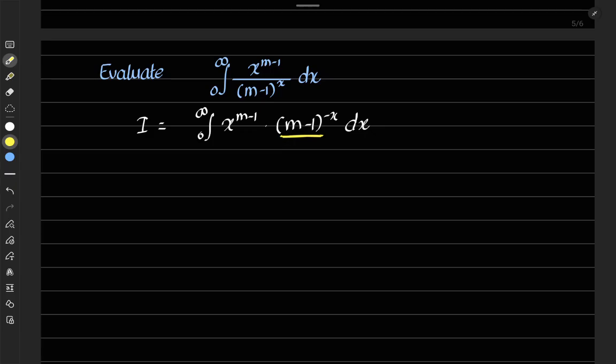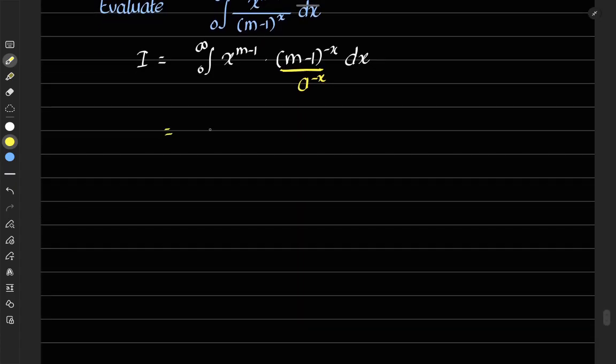Note that this quantity is some a to the power minus x, right? Where a is a constant. So we will just substitute that m minus 1 as a, so that our integral can be rewritten as integral 0 to infinity x to the power, notice that here is also a, so a to the power x dx, where a is equal to m minus 1.